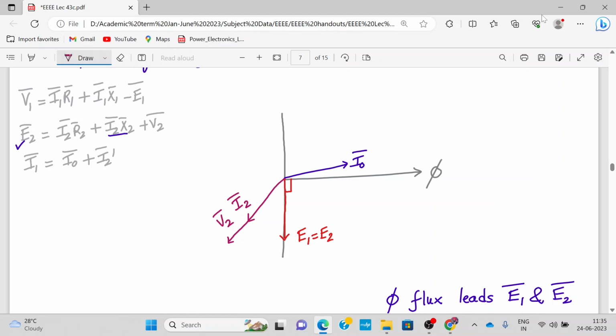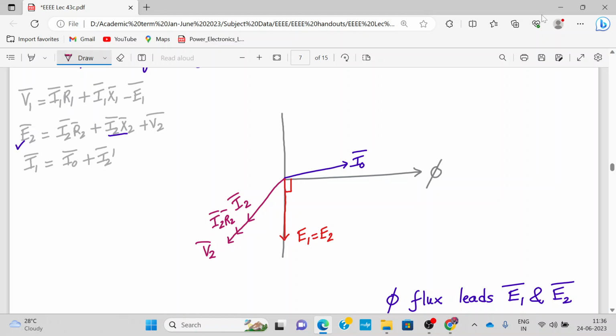So this is V2 bar, I2 bar. And we have I2 R2 also. So I2 and R2 also will be in the same direction. This is V2 bar, this is I2, and in the same direction only you will get I2 into R2. The voltage drop also will be in the same direction.